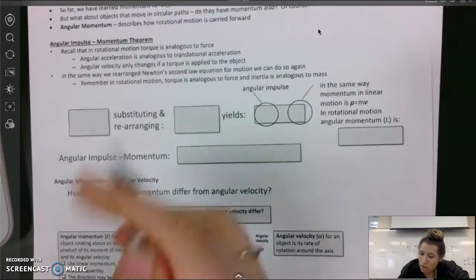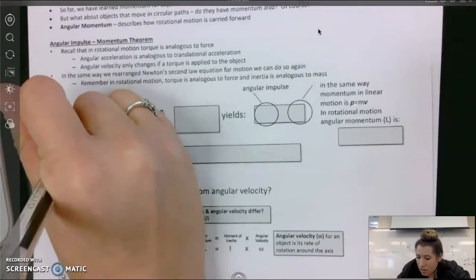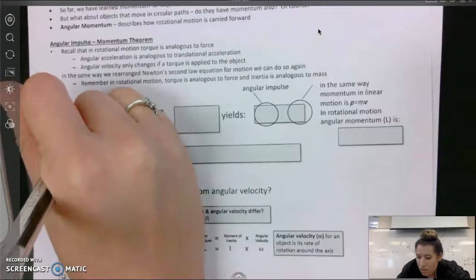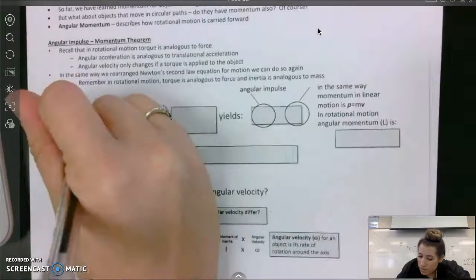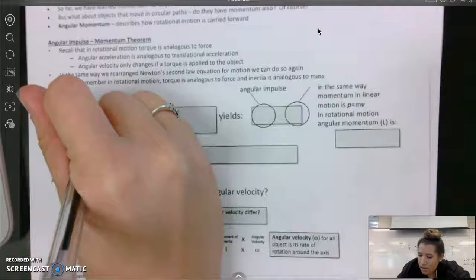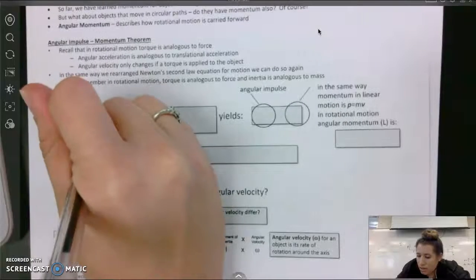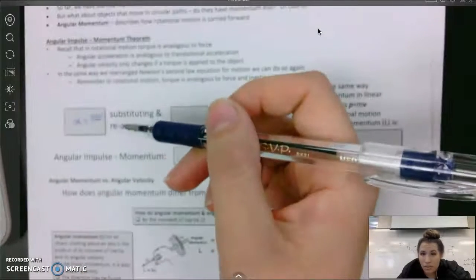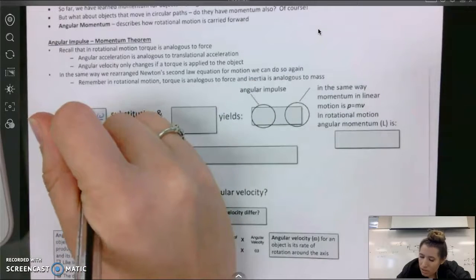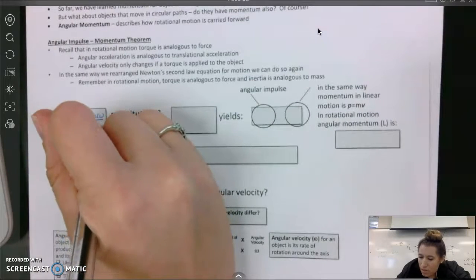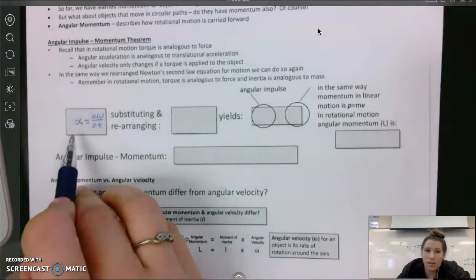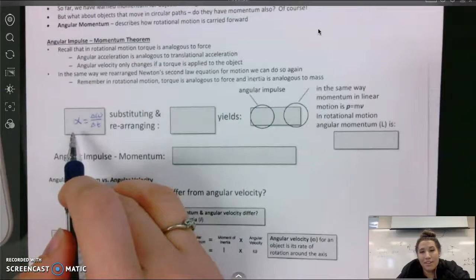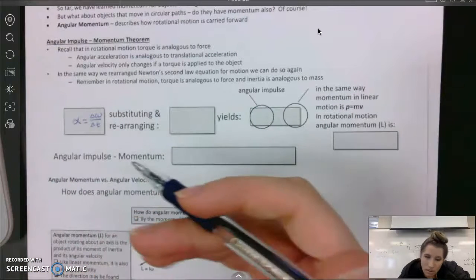Okay, so let's start with our angular acceleration, which is this alpha, and that is a change in omega, which is our angular velocity over time. So just like with linear acceleration, which was a change in velocity over time, our angular acceleration is a change in angular velocity over time.